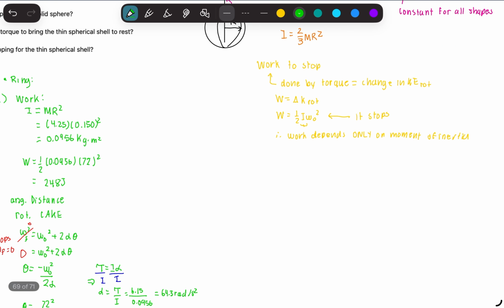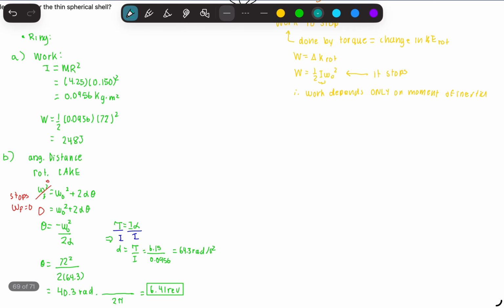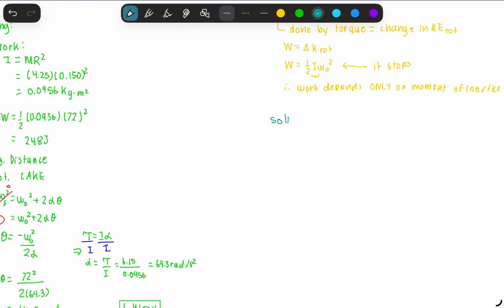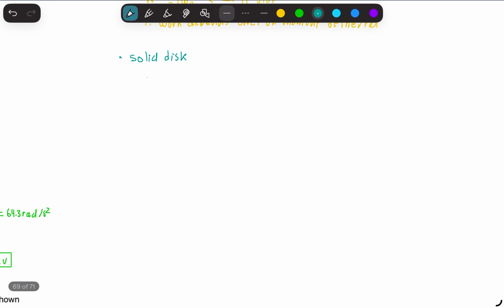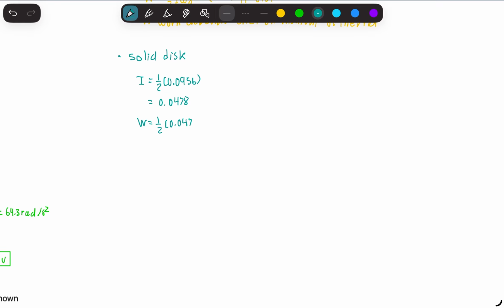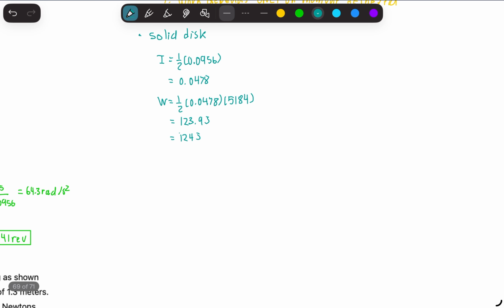So we're looking at the solid disk now. That will be 124 joules.